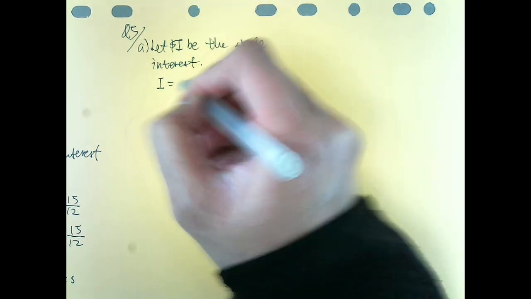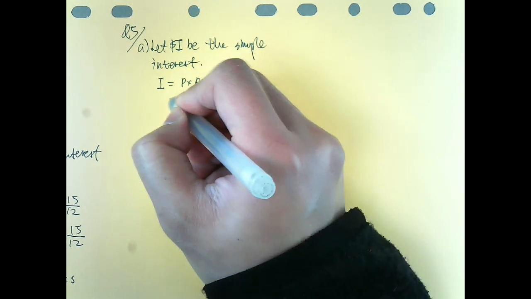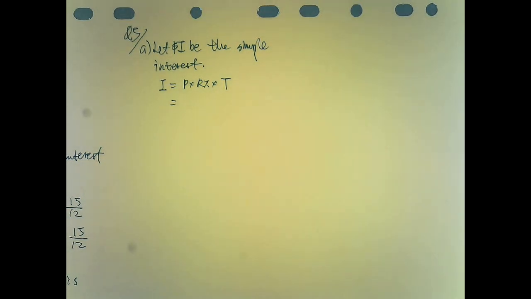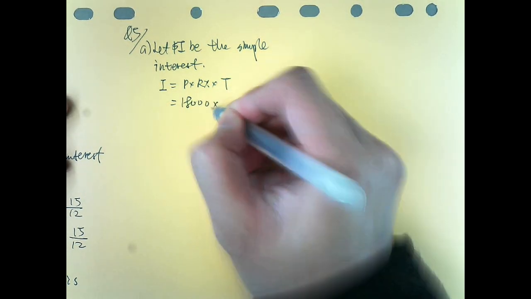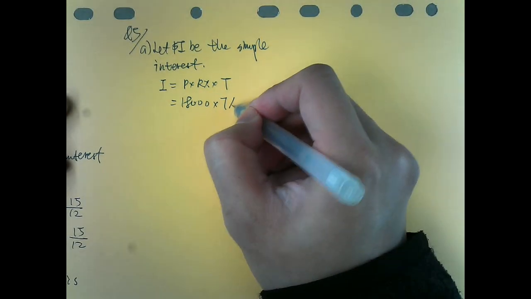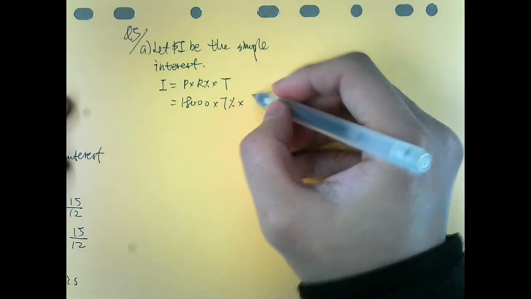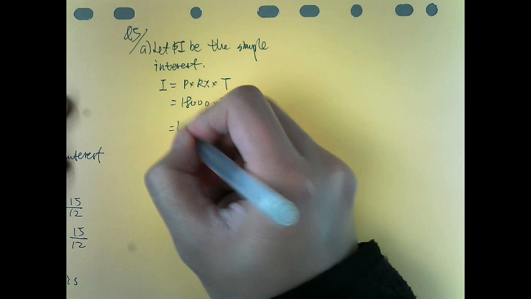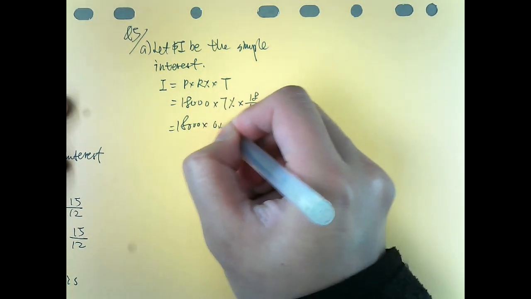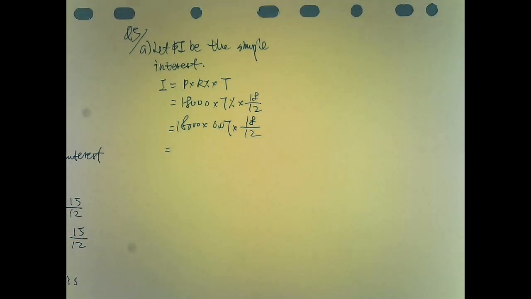So use the I formula. The value of P is 18,000, right? 18,000 times 7%, and then times the time T, which is not 18, but 18 divided by 12. Understand? So make it decimal first. Then go to your calculator.